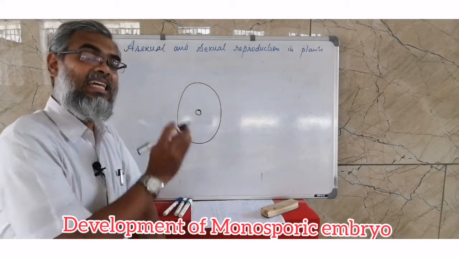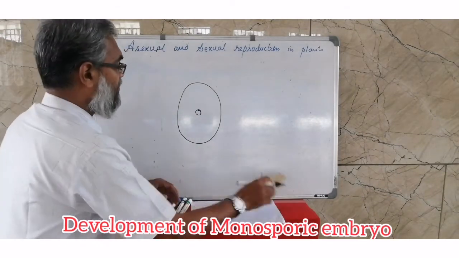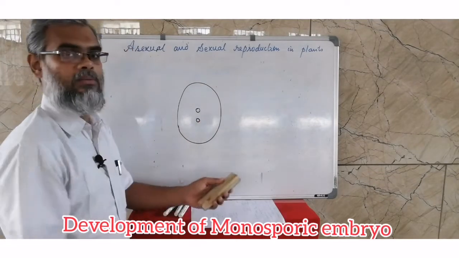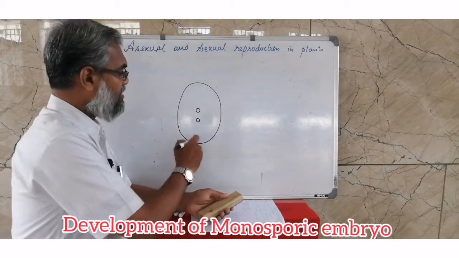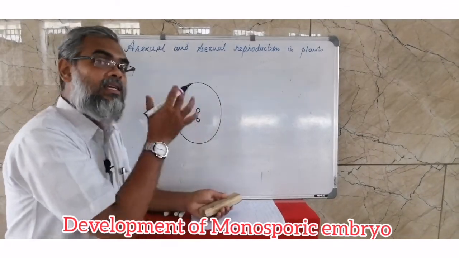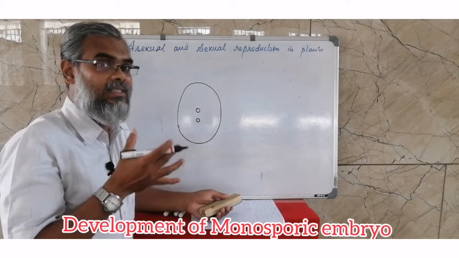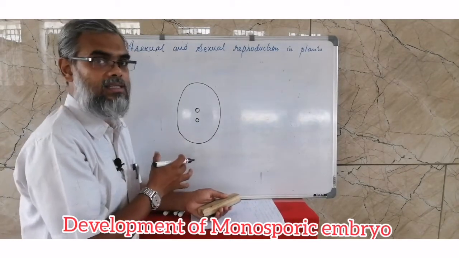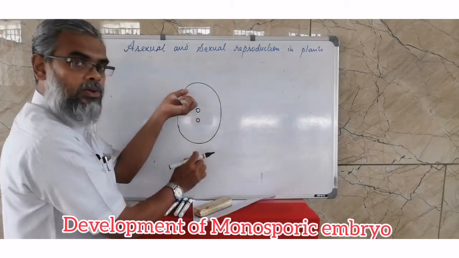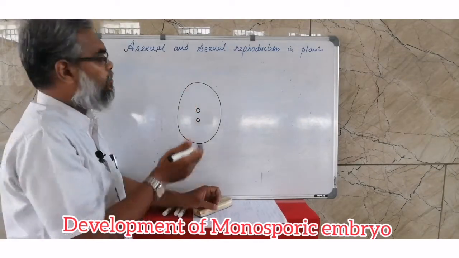Now what happens? It divides mitotically. So 2 cells are formed. Understand, my dear students, this is the embryo sac now. The embryo sac is formed. Inside the embryo sac, how will the cells be? That is what we are discussing now. So 2 cells are formed. They move towards the poles. So what are the poles?